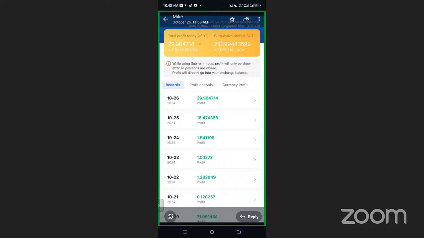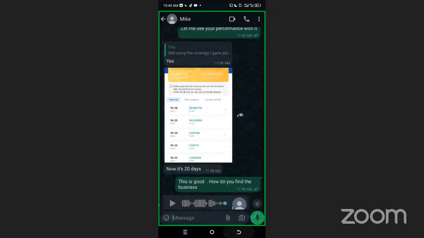Then there is a day he made $71. But which strategy is he using? He is using the super start small and win big strategy, the one of 15%. That's what he's using.